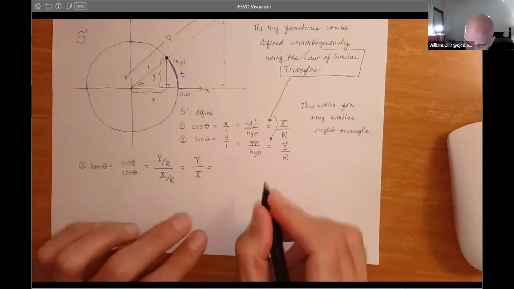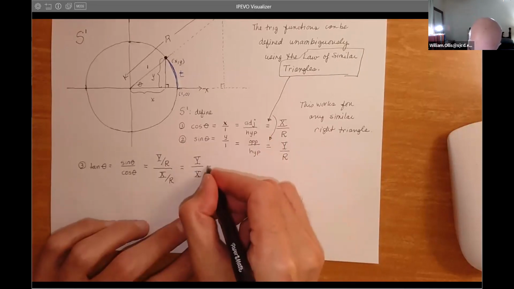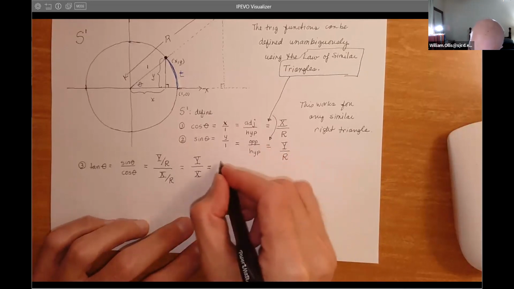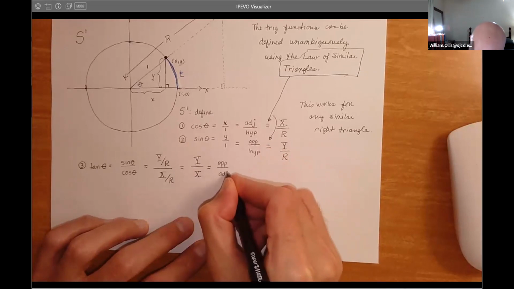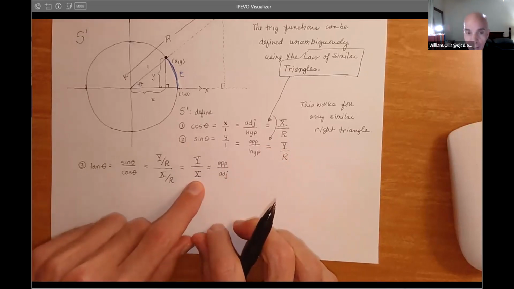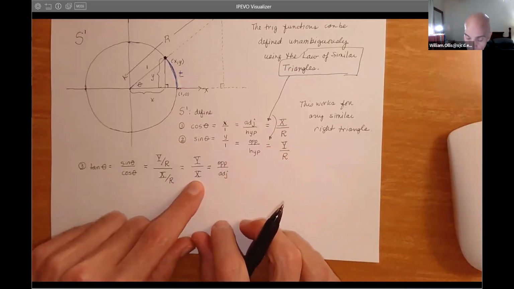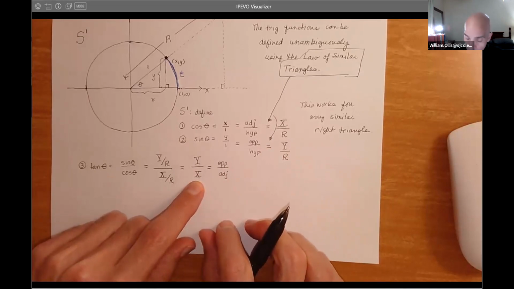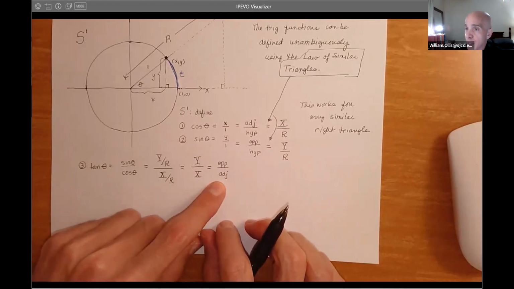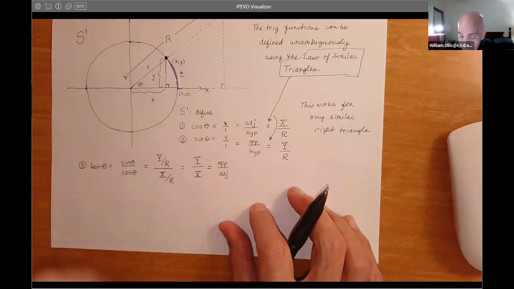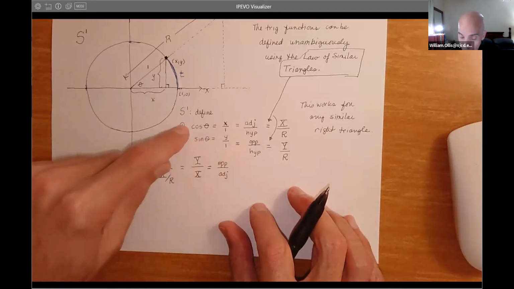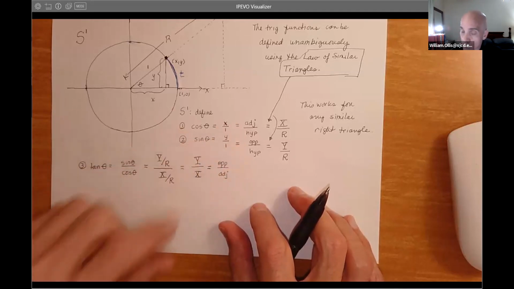Now, if we want to be kind of pedestrian, we say, well, that's just opposite over adjacent. So formally, we can define the tangent of theta this way as y over x, but then we can use the actual positioning of the right triangle sides and write it as opposite over adjacent, which is very helpful geometrically, like adjacent over hypotenuse for cosine and opposite over hypotenuse for sine.